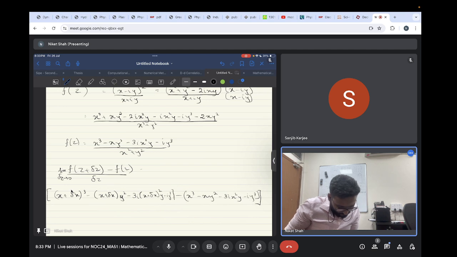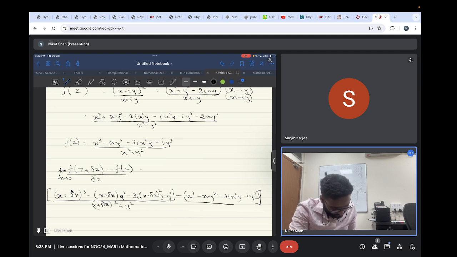This is my second term. So this is f of z plus delta z, this left hand term. And the denominator here is x plus delta x, the whole square, plus y square, minus this, where it's x square plus y square, simply. The denominator is just that. And the whole divided by delta x.